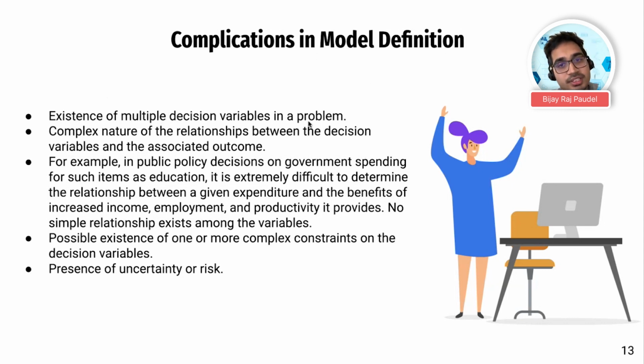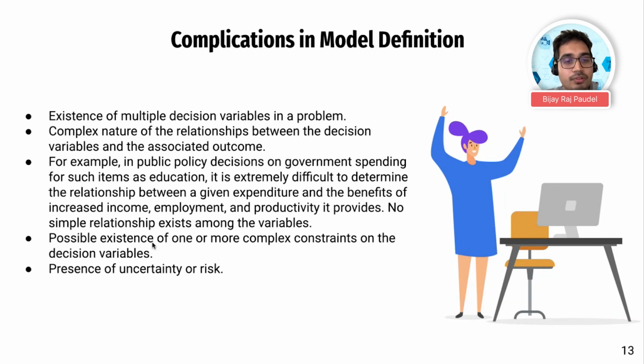There can be multiple decision variables, which increases the complexity, and it is not always clear what the relationship is between decision variables and the objective. For example, in government spending on education, it is very difficult to determine the relationship between the expenditure and the benefits it provides in income, employment, and productivity, and how it affects education as a whole.